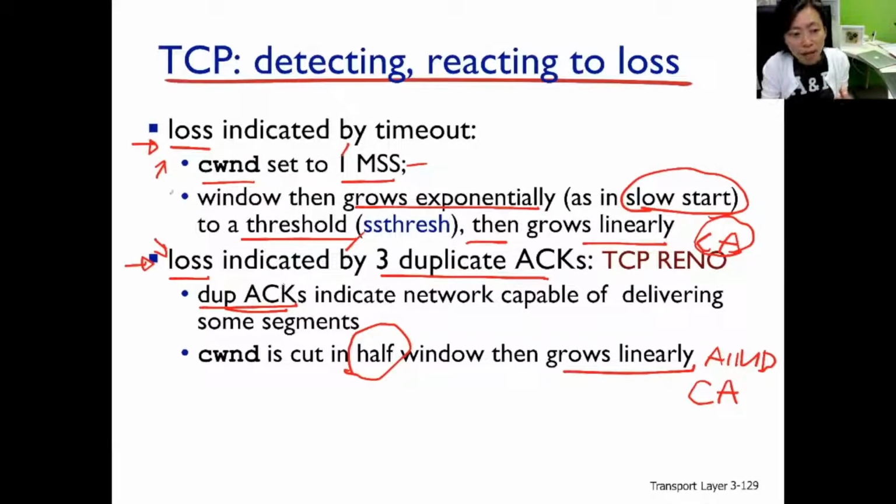But in this scenario at the top, you don't get any data through, you don't get any data back, or you get only 2 duplicate ACKs back. So it's more serious. Therefore, the window drops down even more aggressively, all the way down to 1, and restarts, reinitializes again.